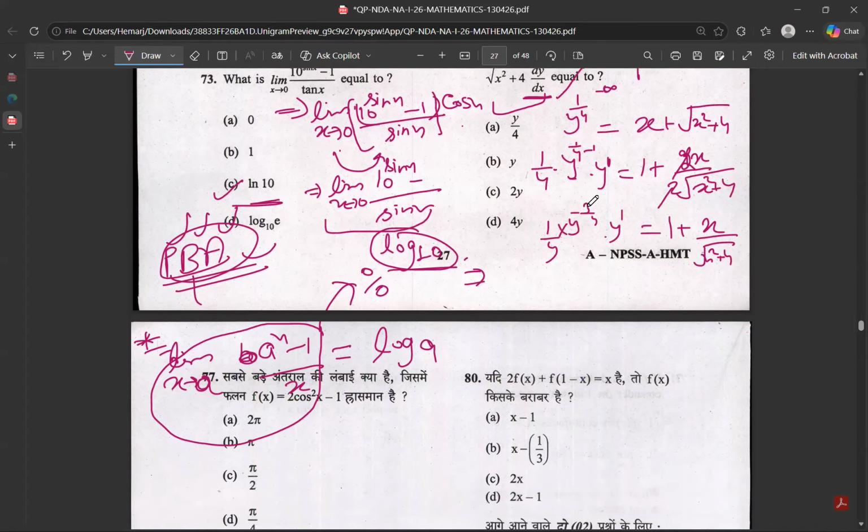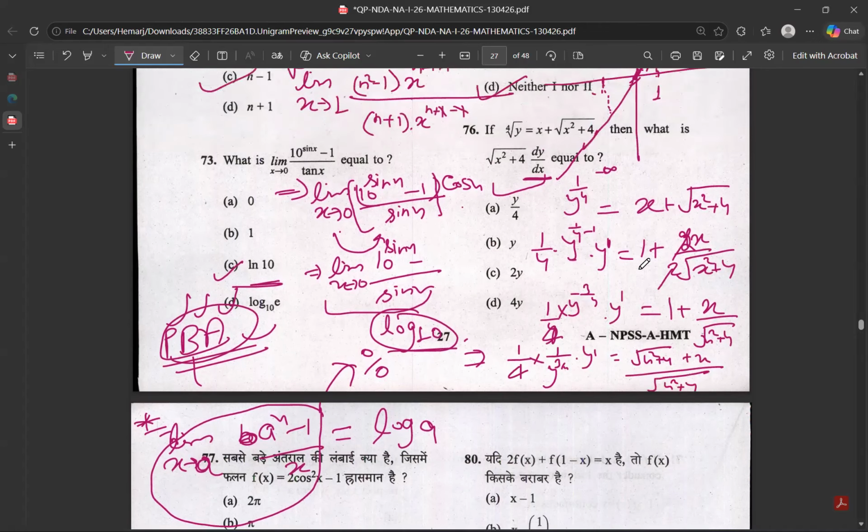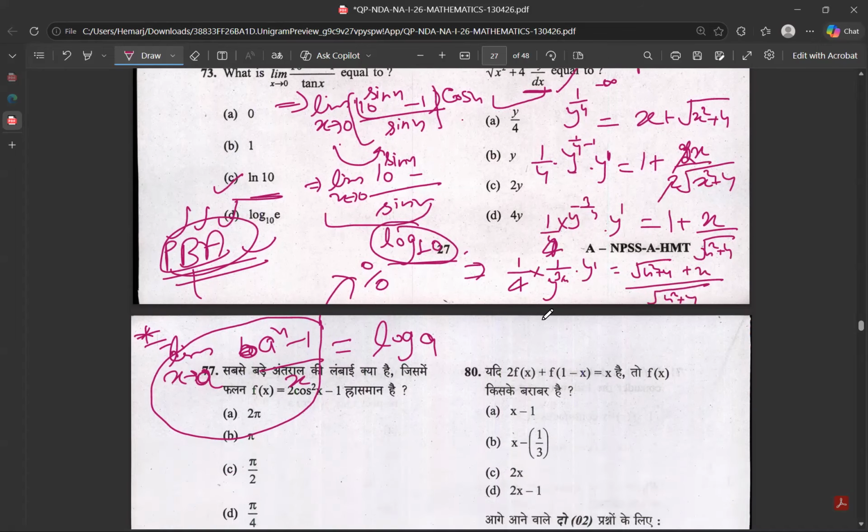Now y to the power minus 3 by 4 can be written as y to the power 3 by 4 in the denominator, into y dash. It means dy by dx equal to, this will become root x square plus 4 plus x divided by this whole root x square plus 4. Now if you see the question again, this x plus root x square plus 4 is the same as y to the power 1 by 4.